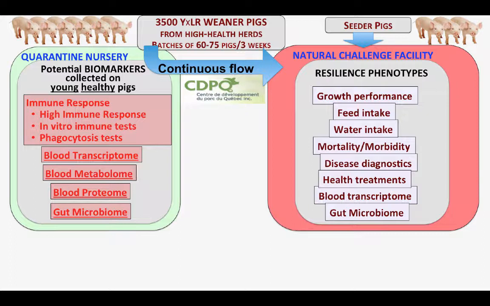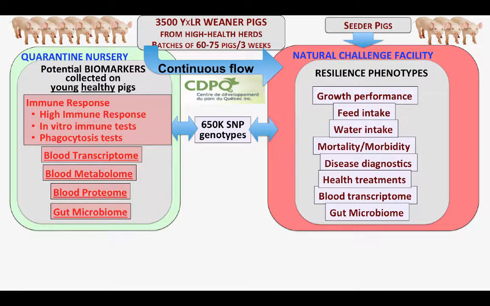We will also, on 1,000 pigs, quantify the whole blood transcriptome at a young age while they're still healthy, as well as a large number of small metabolites in the blood, and quantify the blood proteome, and also analyze the gut microbiome based on fecal samples.